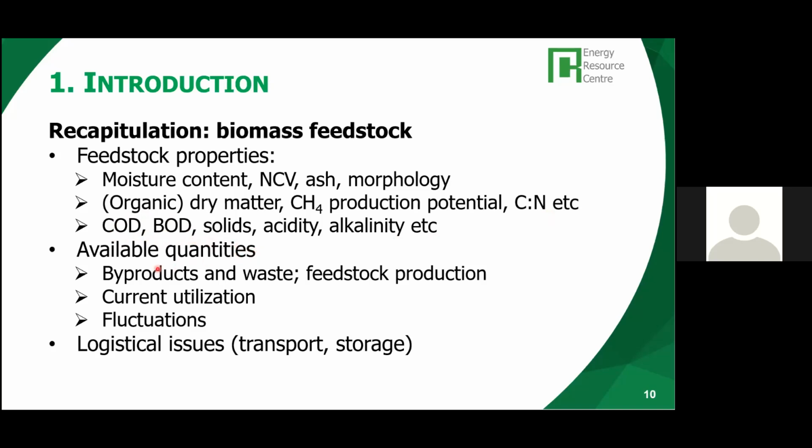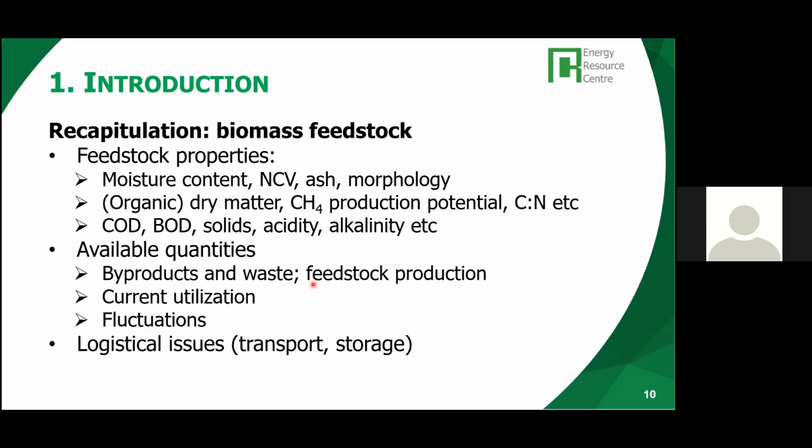When talking about feedstocks, we talk about available quantities which can be used for energy production, and in the first instance those can be waste and byproducts from different sources.